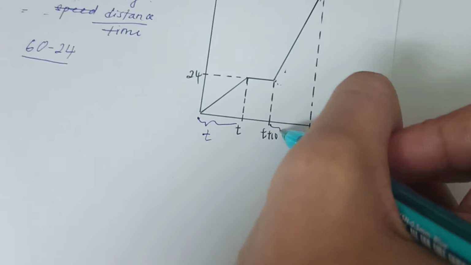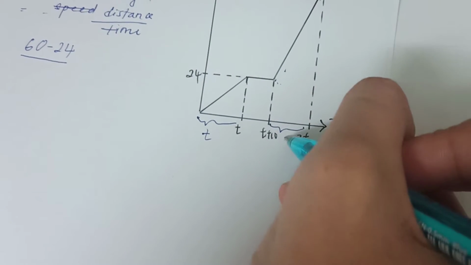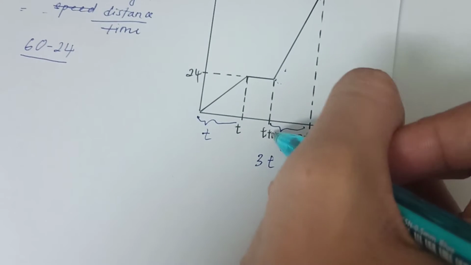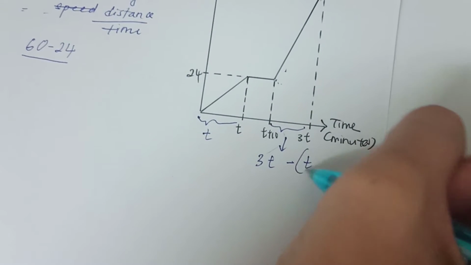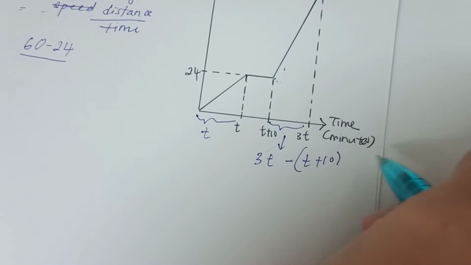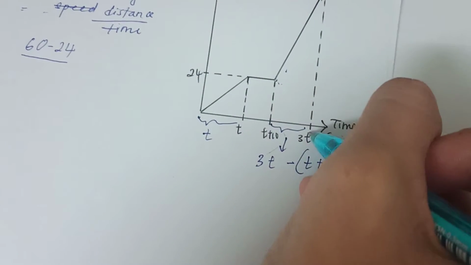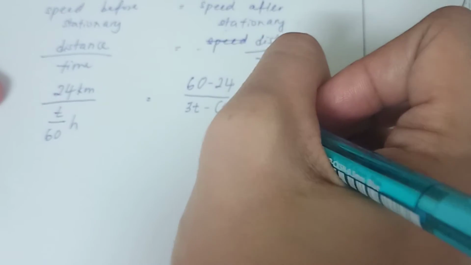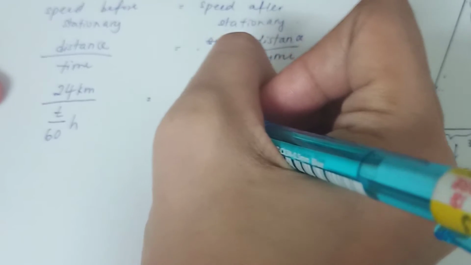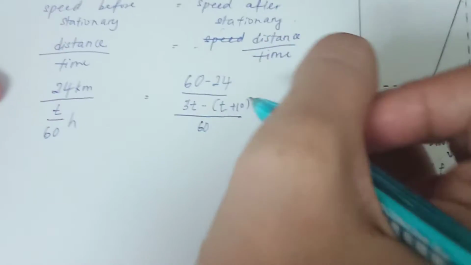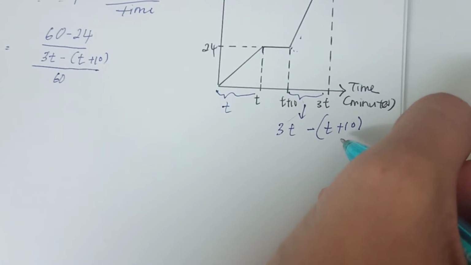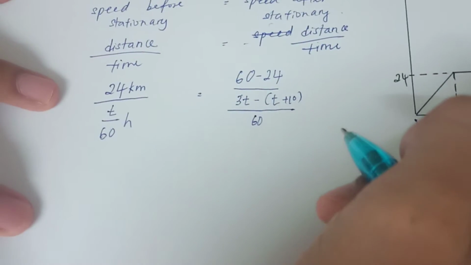And what about the time here? The time here is 3t minus t plus 10. Okay, 3t minus t plus 10, over 60. Remember that here the time is in minutes, so you still need to divide by 60.